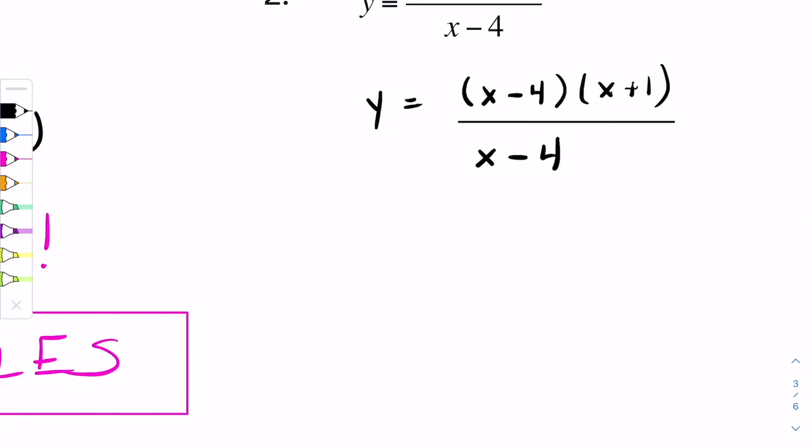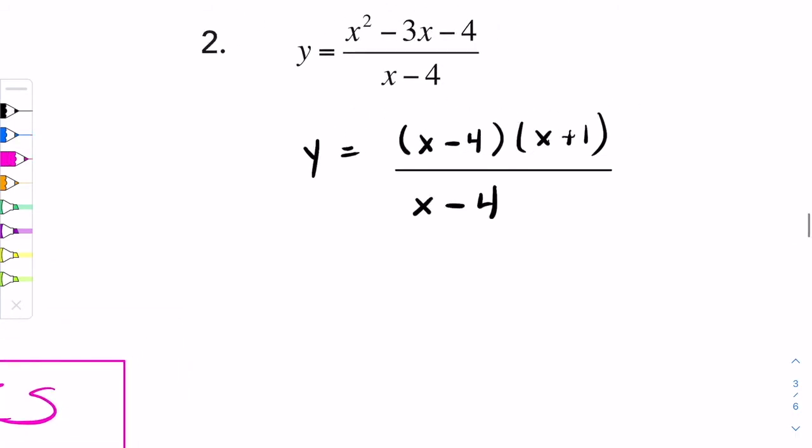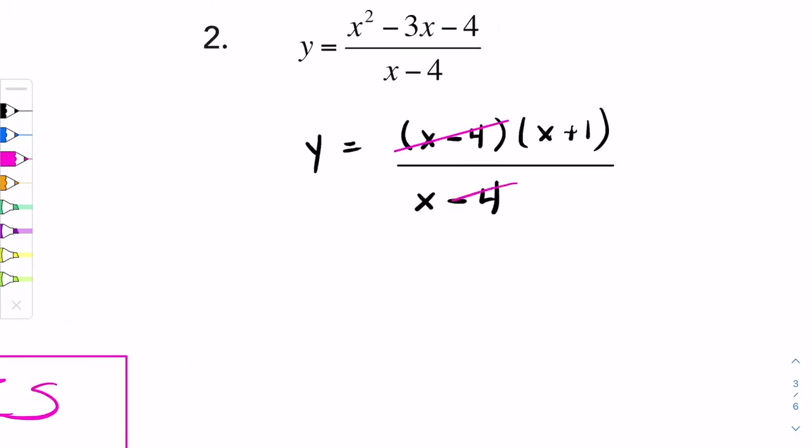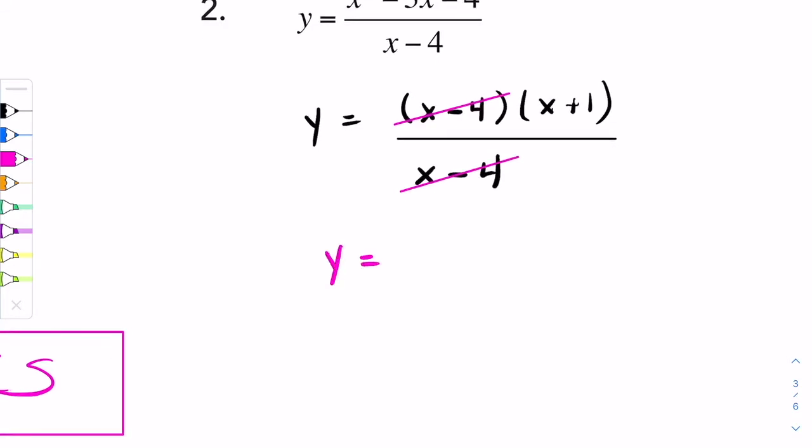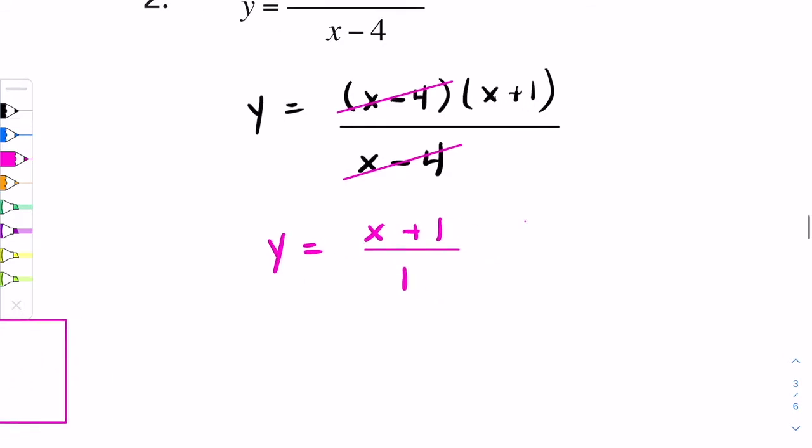So now I'm going to indicate that my common factor x minus 4 cancels, but then I'm also going to write my simplified function. My simplified function is x plus 1 in the numerator divided by 1, and it's divided by 1 because we divided out the common factor. Next to this, I'm just going to put in parentheses that this is my simplified function.